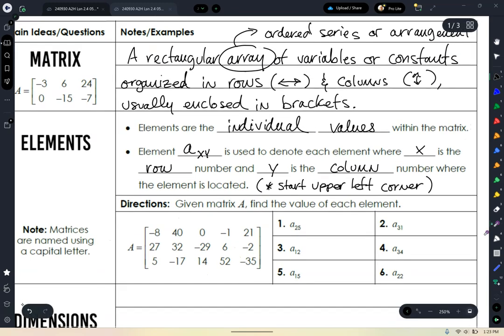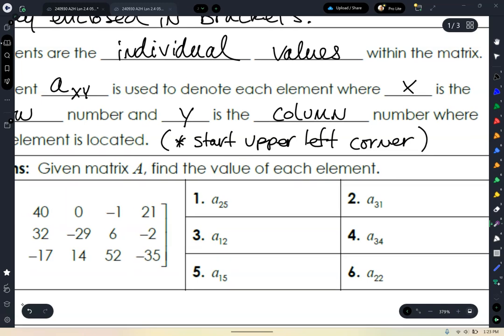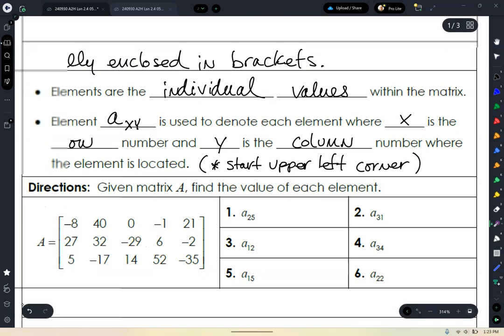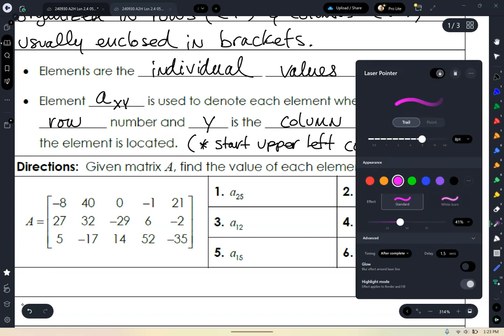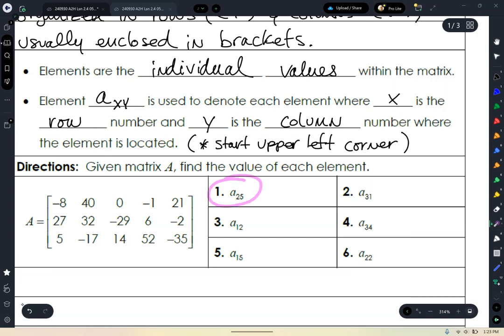And matrices, by the way, are named using capital letters. You can see here, so like this is matrix A, all right? And within matrix A, we're looking for element A sub 25. So why don't you take a shot at what you think element A sub 25 is? You can write equals. Write down what you think element A sub 25 is, based on what I just told you up above.